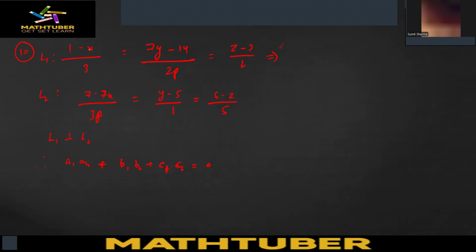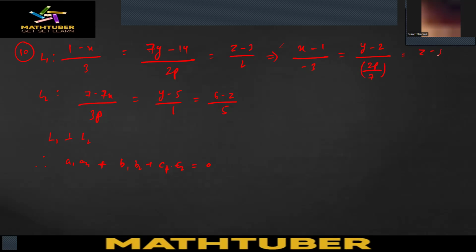So if we take x to the front, you will get (x minus 1) upon minus 3. We'll take minus common from the numerator and take it to the denominator. Similarly, the coefficient of y must always be 1. The coefficient of x, y, and z must be 1. So divide all of them by 7. So you'll get (y minus 2) upon 2p upon 7, right?